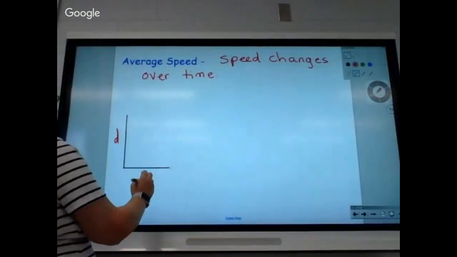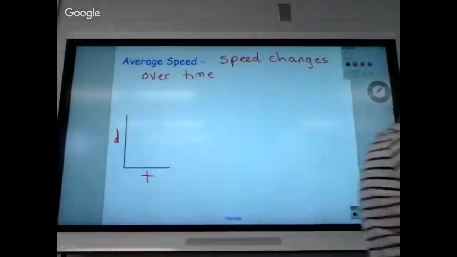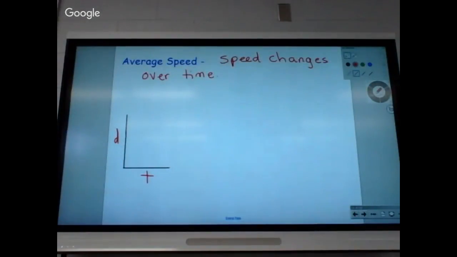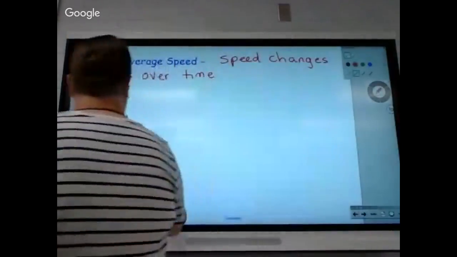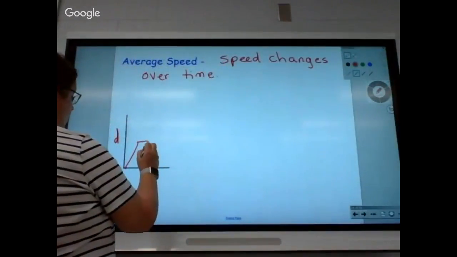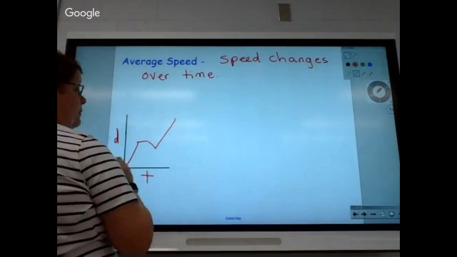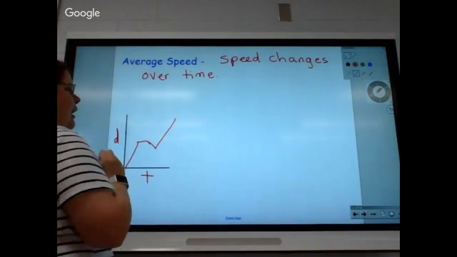All right, so distance and time. So, if we have distance and time. Now, William's fingers did this up and down thing looking like an EKG machine. Does it have to look like an EKG machine? It can. The only thing that it has to do is not be what? Straight. Just not be straight. Okay? So, it can go up. It can go flat. It can go down. It can go back up. It does not have to look like what I drew.